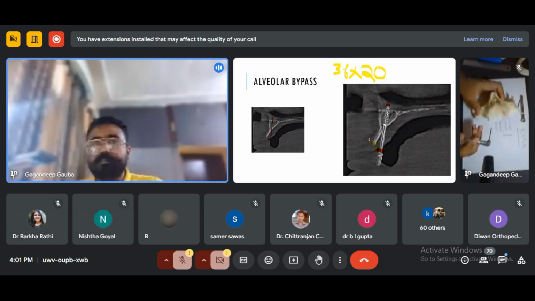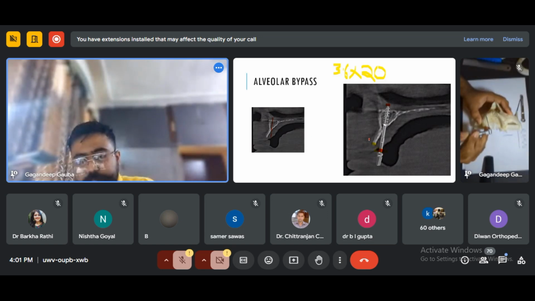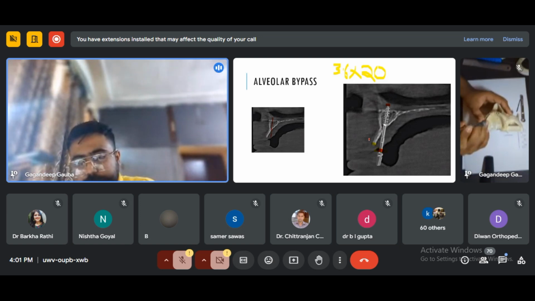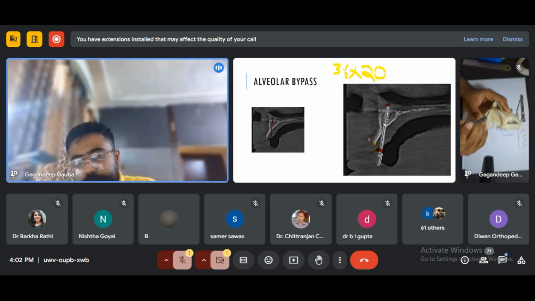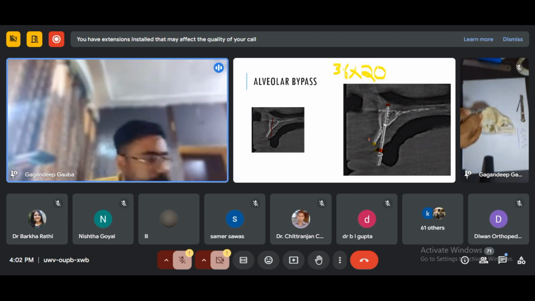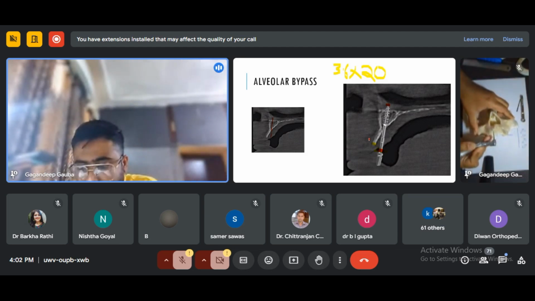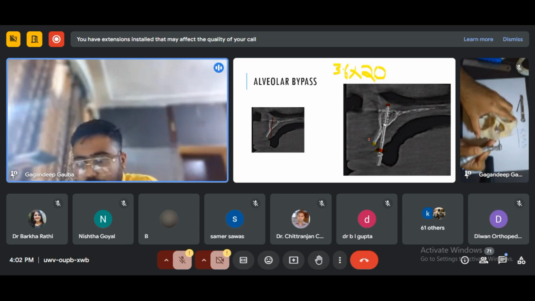My tabletop is visible. So if this was a case of a knife edge ridge, what we will do is, instead of going at the crest, I will place my drill a little palatally, and then I will start drilling and perforate the nasal cortex, right?